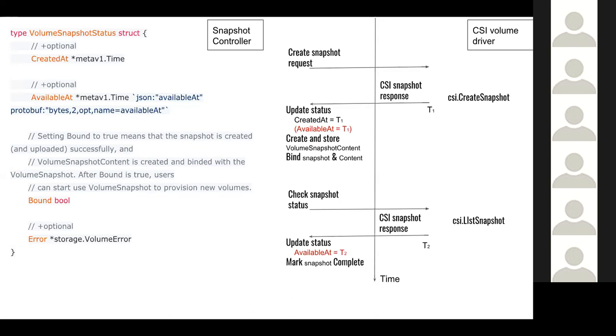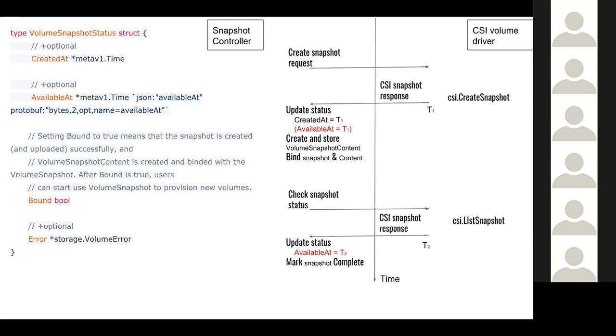So I'm thinking we can add a Boolean value to represent this whole process being complete, and the snapshot being completely ready to be used. In other words, when you mark this snapshot complete, a few conditions must be satisfied. First, created at and available at should already be set.